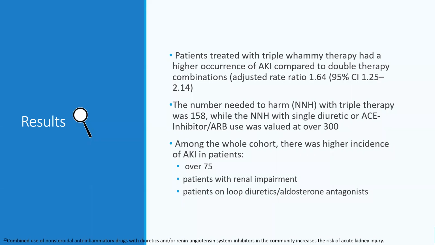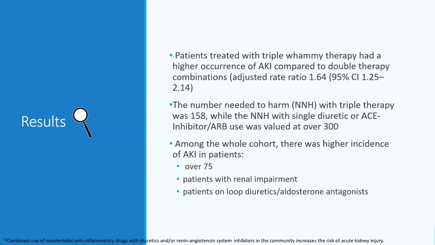So for the results, patients treated with triple whammy therapy had a higher occurrence of AKI compared to double therapy combinations. The number needed to harm with triple therapy was 158, while the number needed to harm with the single diuretic or ACE inhibitor/ARB use was valued at over 300, which shows that the use of these three agents together was more likely to cause an AKI than using each of them separately.